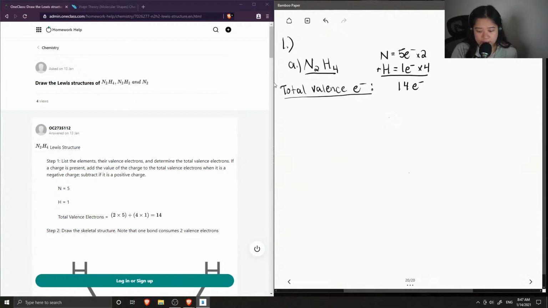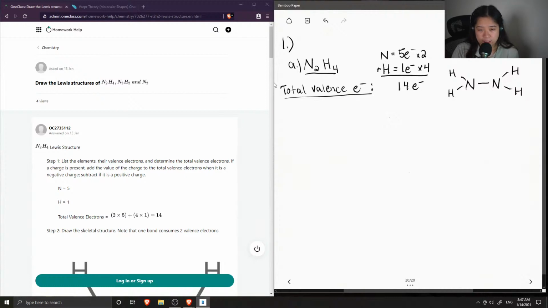So now let's try to write out the Lewis structure over here on the right. We'll have our 2 central atoms be the nitrogen, and then I'll just draw single bonds to each of the hydrogens. Okay, so at this point, I like to count out how many electrons I've drawn so far.